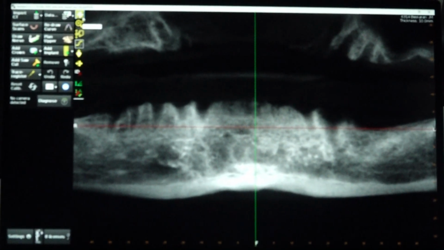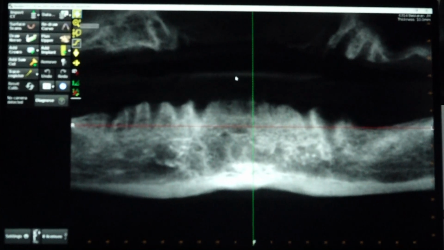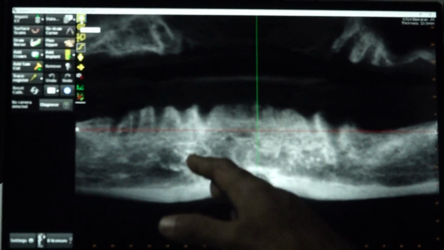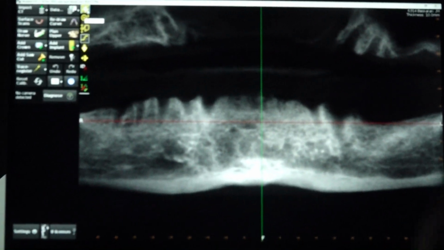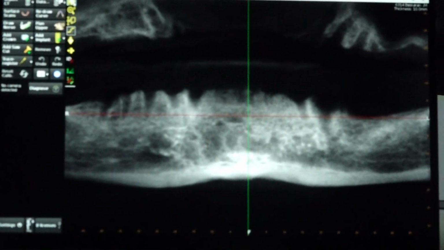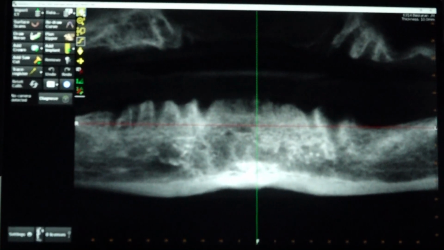In this situation, the patient has good bone in both anterior and distal mandible. Both plans are okay, 6 plan and 8 plan.